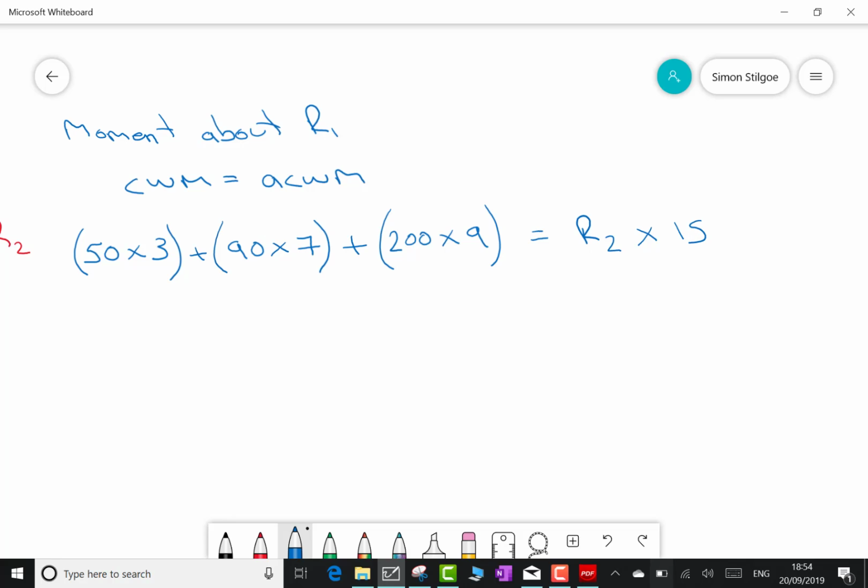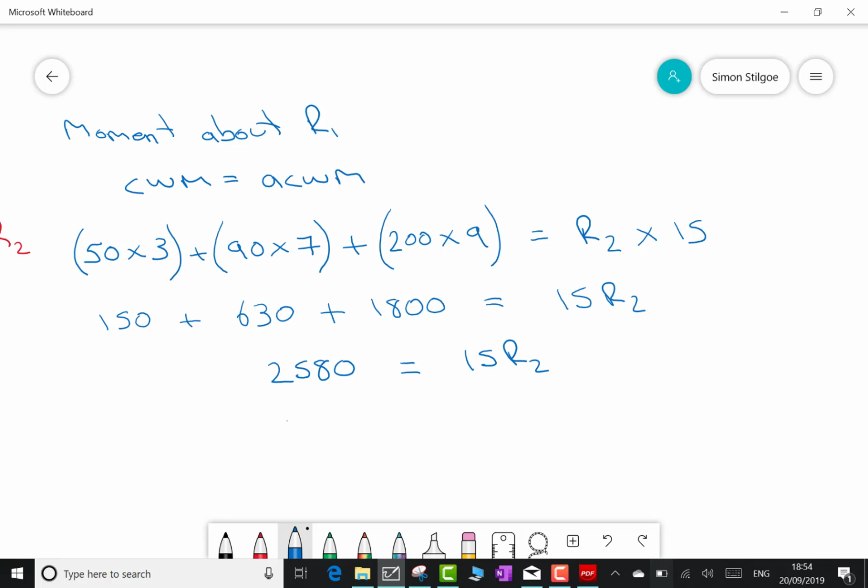So my 50 times 3 is 150. My 90 times 7 is 630. My 200 times 9 is 1800. And on the right hand side, we can simplify that to just 15R2. Now, if we add the left hand side together, 150 plus 630 plus 1800 gives me a left hand side of 2580 newtons, and the right hand side stays as 15R2.